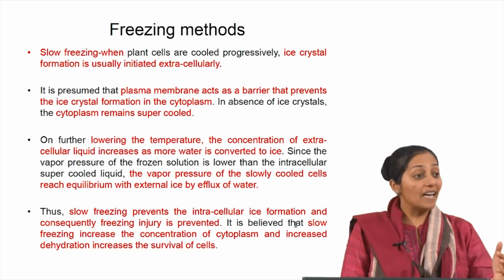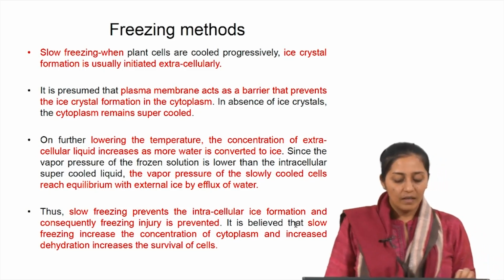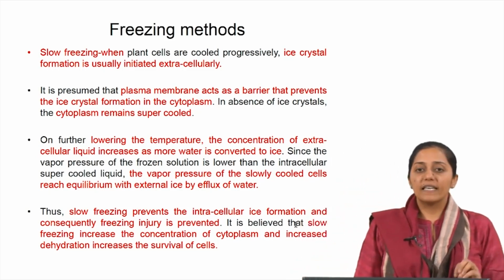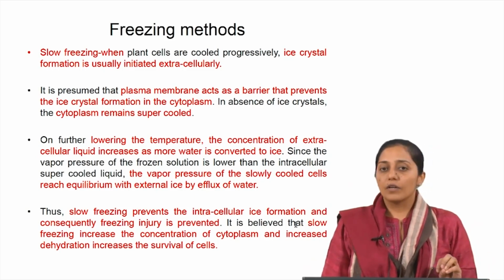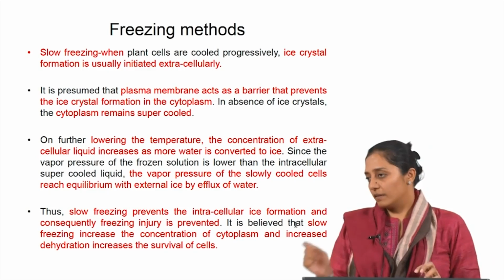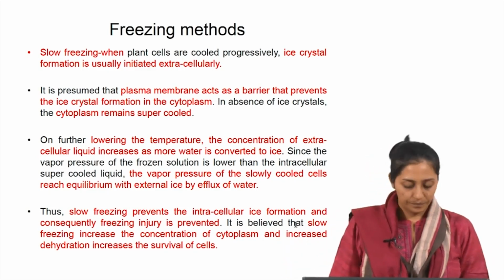So, you are giving time for the cells, what you were saying, to adapt. Thus slow freezing can prevent the intracellular ice formation and consequently the freezing injury by the crystal formation and then subsequently the crystal growing inside the cell.